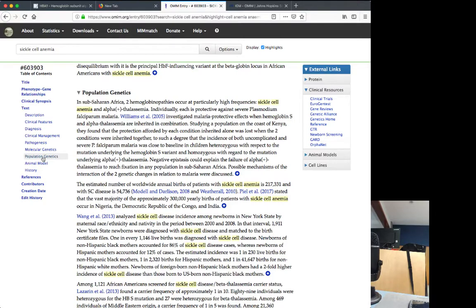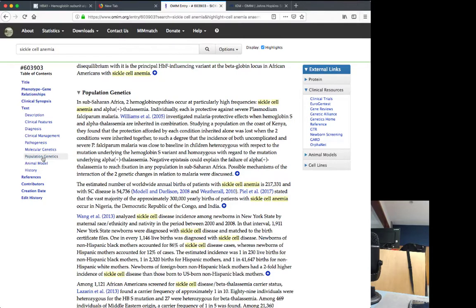Hemoglobinopathies, a fancy name for diseases related to hemoglobin, occur at particularly high frequencies. So sickle cell anemia, alpha plus thalassemia. And the reason, population genetically, is that each one is protective against severe Plasmodium falciparum malaria.